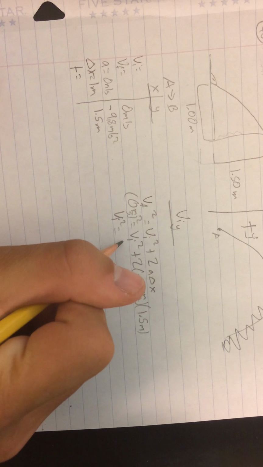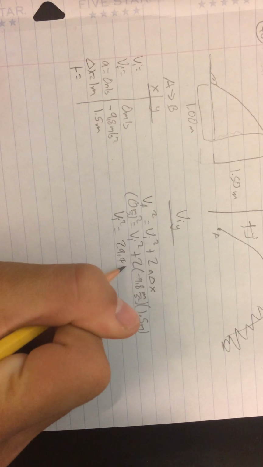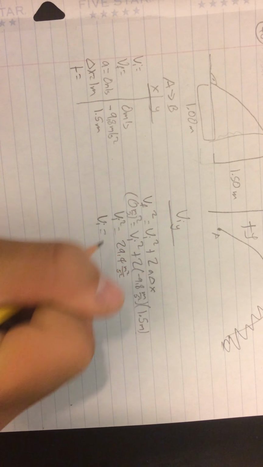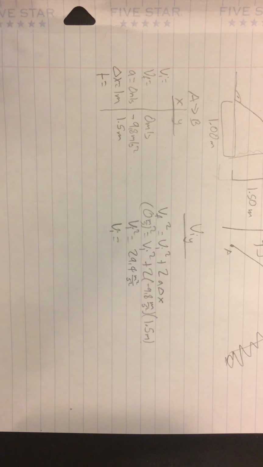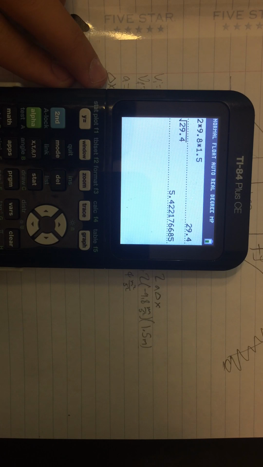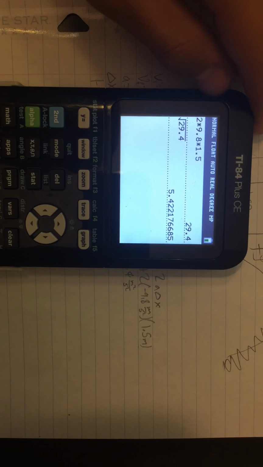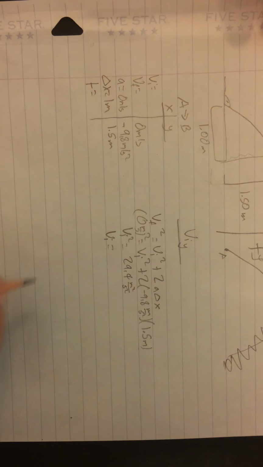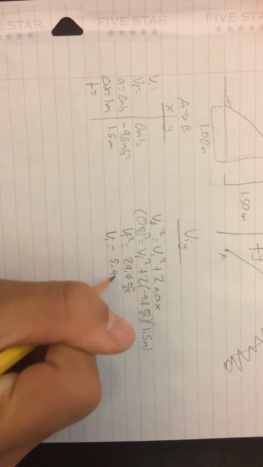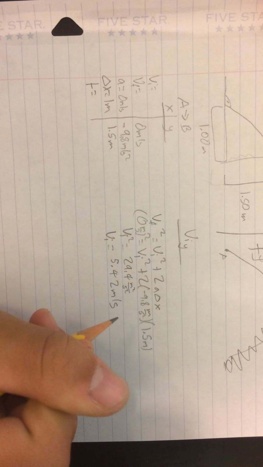And then we have vi squared is equal to 29.4 meters squared over second squared. And so then take the square root of both sides to get what the initial velocity of y is. The square root of 29.4 is 5.42. So vi is equal to 5.42 meters per second.